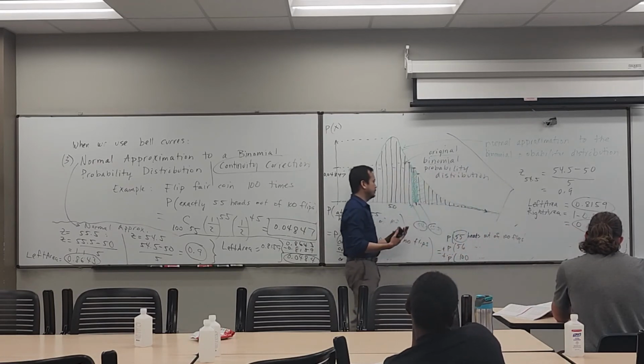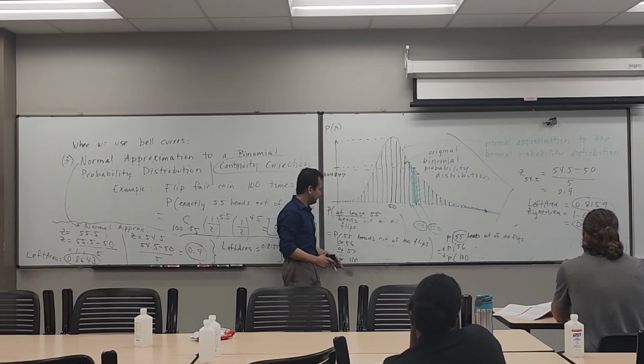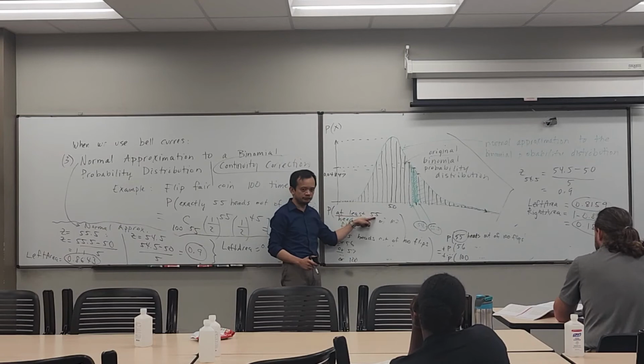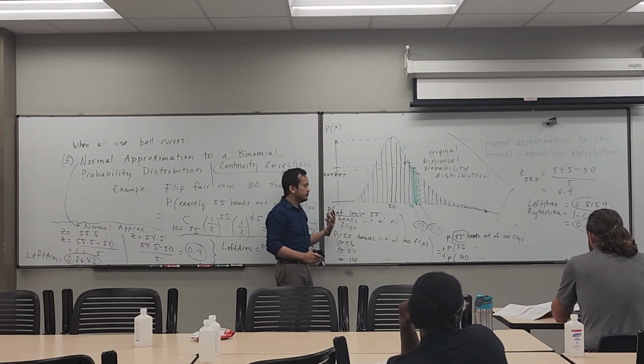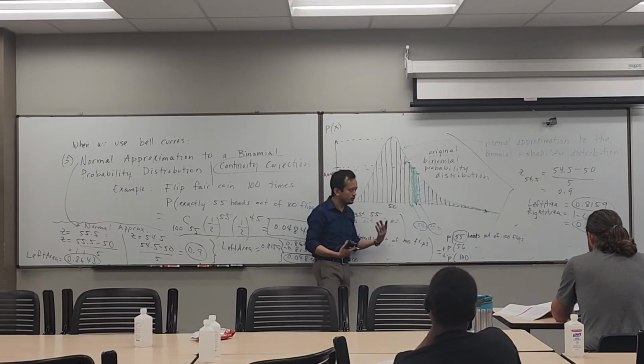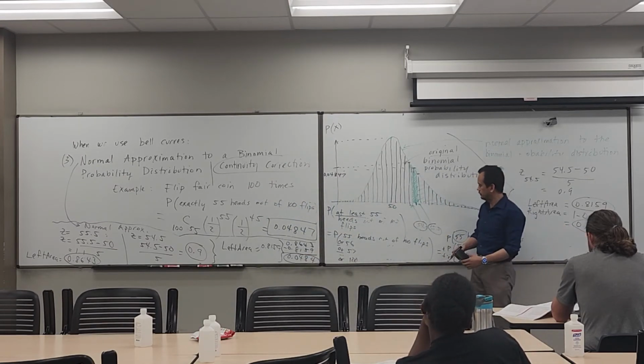And some of you might be wondering, well, that seems a little weird because 55 heads is so close to 50 that shouldn't you observe it closer to 50% of the time? Why are you observing only 18% of the times you're observing 55 heads or more?